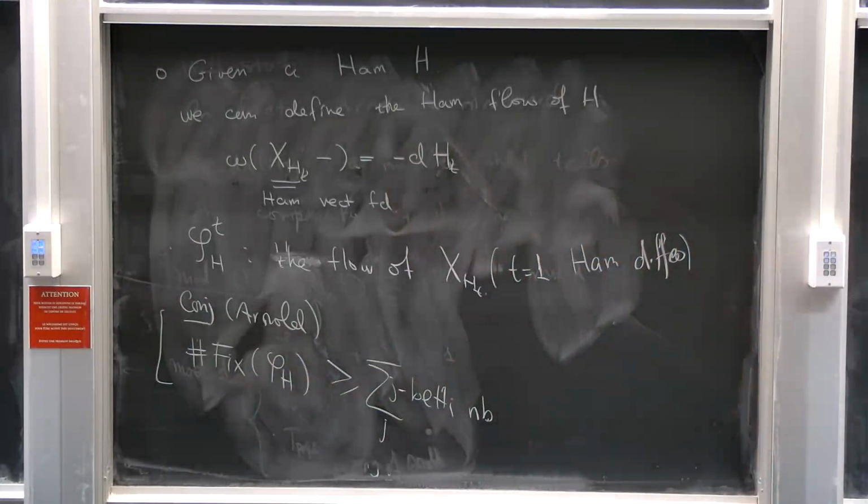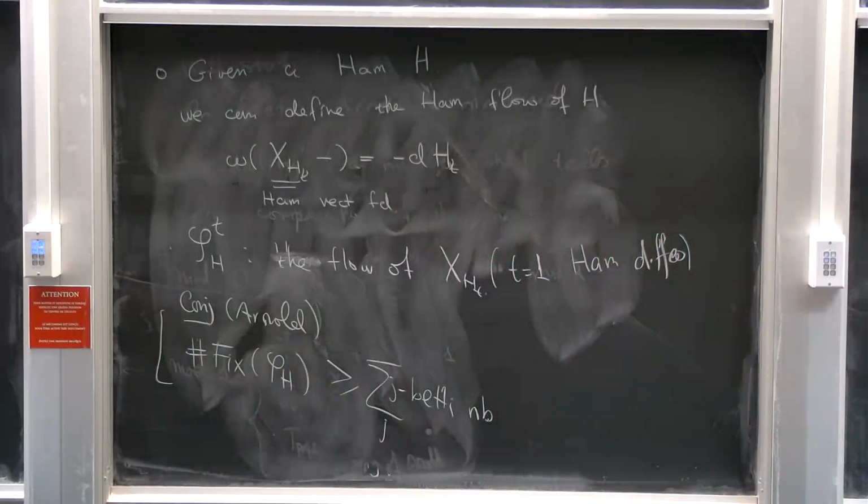And in Floer homology, instead of the Morse function, you use this special function called the action functional, which is defined on a very big space. It was introduced yesterday.